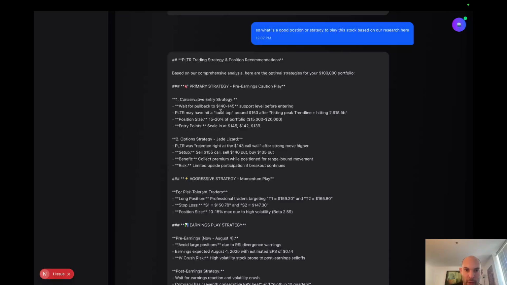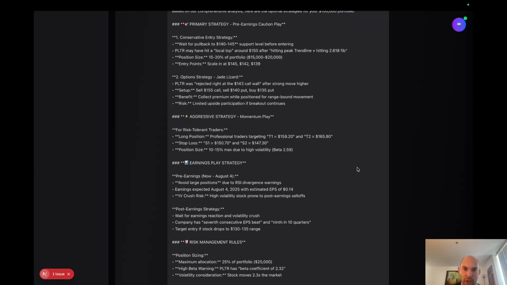Palantir might have hit a local top around 150, hitting peak trend line plus hitting the 2.6 Fibonacci, position size 15%, entry points, option 2, Jade Lizard. Palantir was rejected right at 143 call wall after a strong move higher. Set up: sell 155 call, sell 140 put, buy 135 put. Collect premium while positioned for range bound movement.